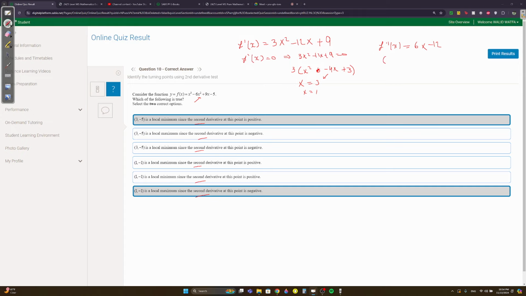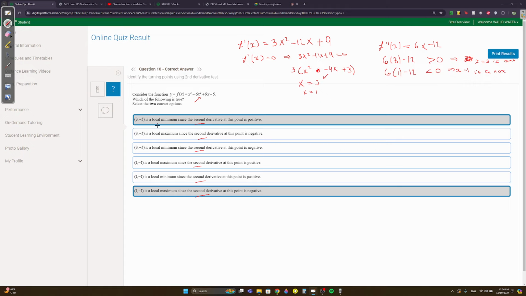Let's see, at x equals 3, 6 times 3 minus 12, which is positive. So x equals 3 is a minimum. At x equals 1, 6 times 1 minus 12, that's actually negative. So x equals 1 is a maximum.